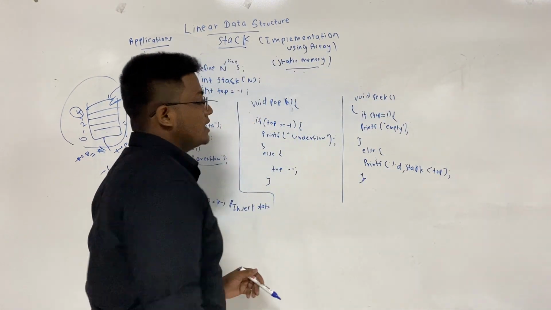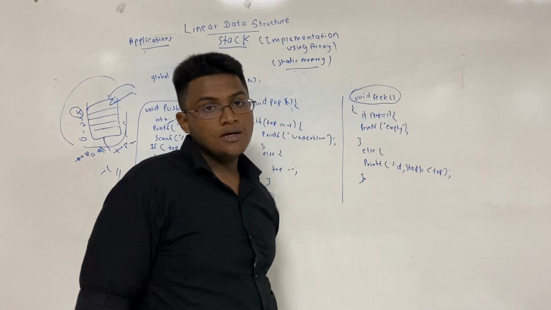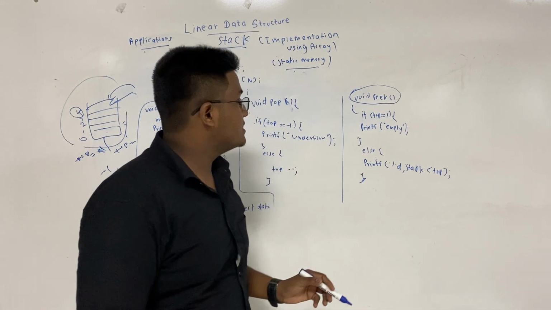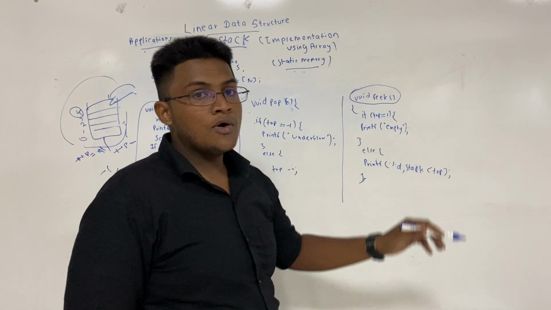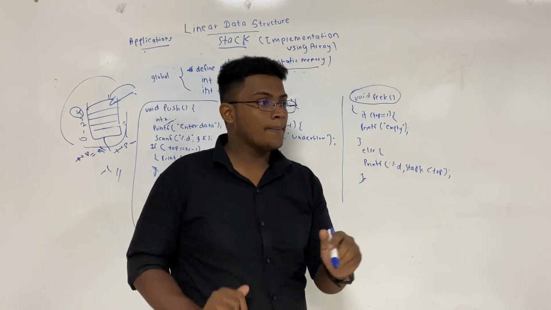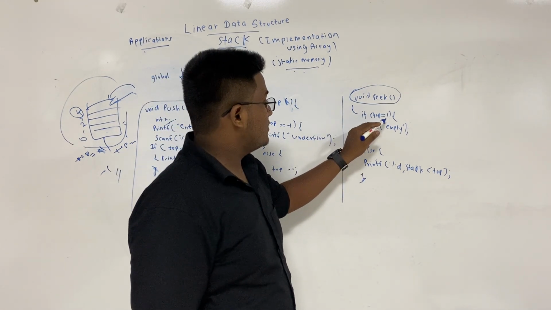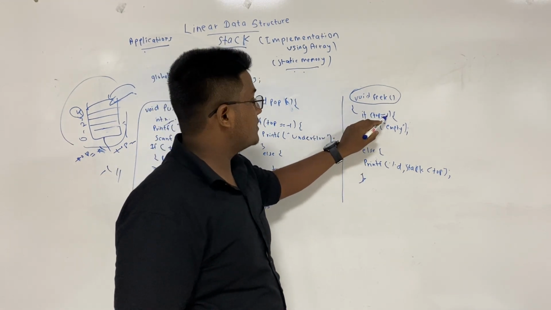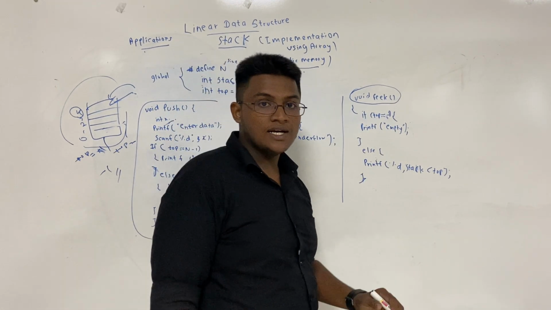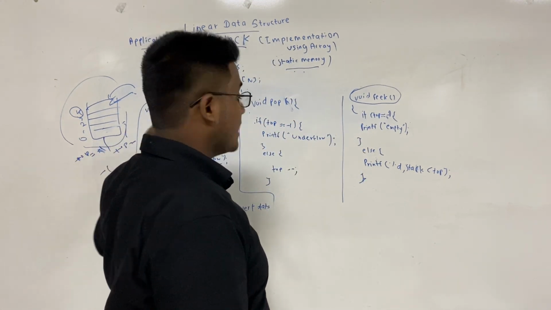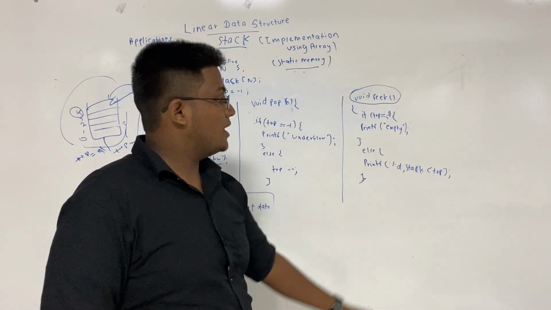At last, I'm going to tell you the peek operation, which I previously told you about. Here, we access the topmost element without removing it. So here also we check if top equals minus 1, to check whether the stack is empty, because when the stack is empty there is no data, so you can't access the top element.